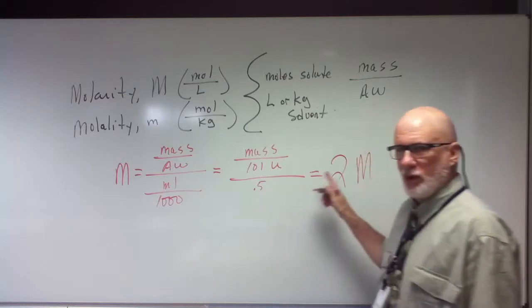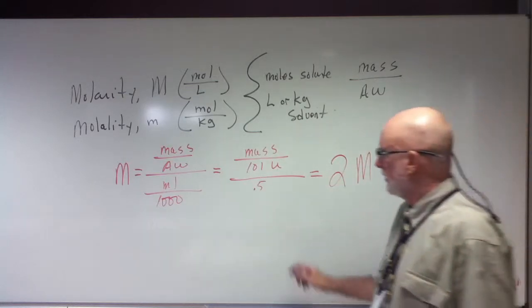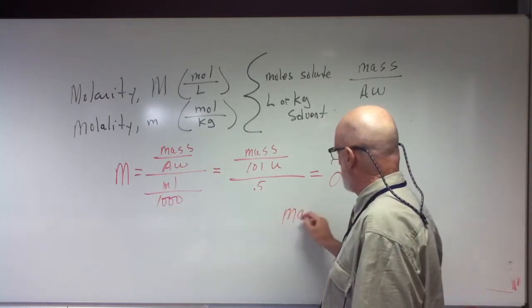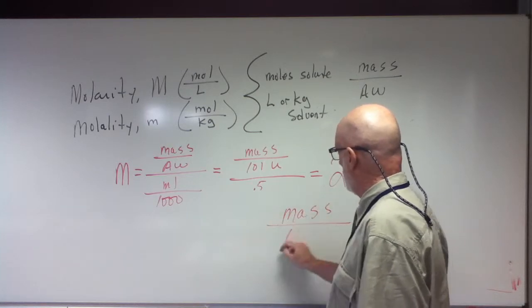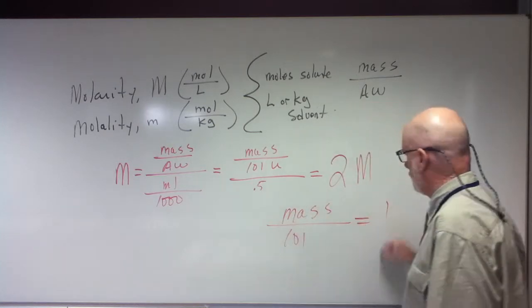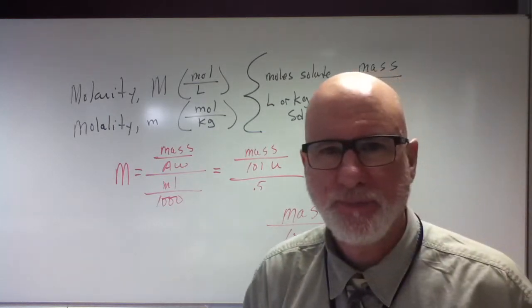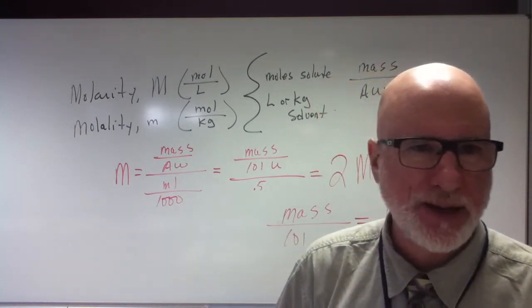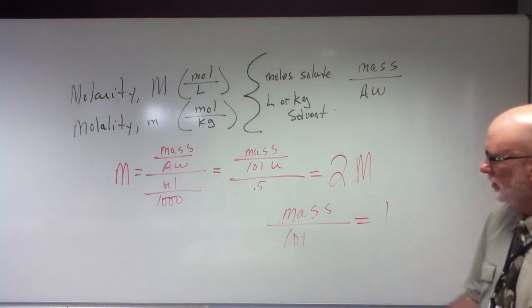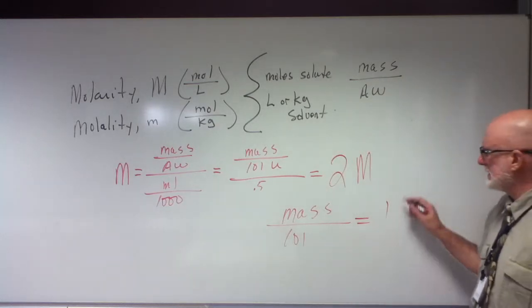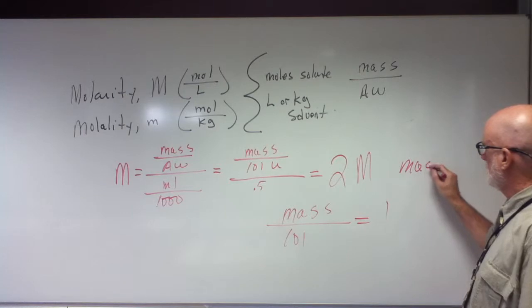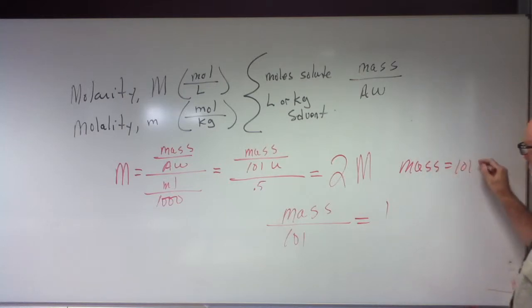So what is 0.5 times 2? 1. So it's mass over 101 equals 1. What's the mass going to be? 101 times 1 is 101. Mass equals 101 grams.